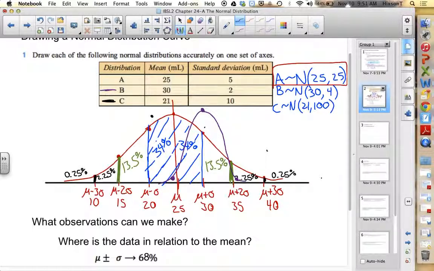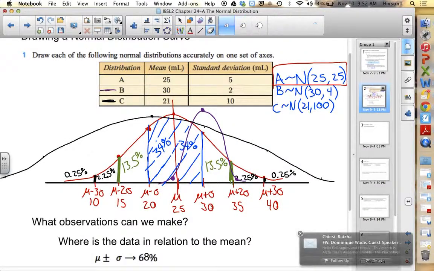And here's 11, 1, and -9. Here's our bell curve for C. So you see the effect that this has on our graph. Are there any questions on sketching these?